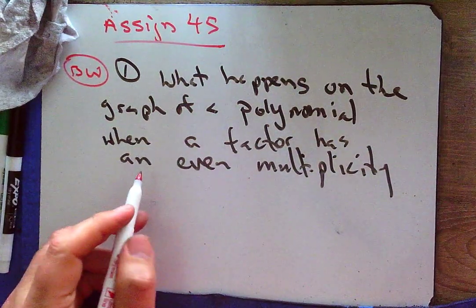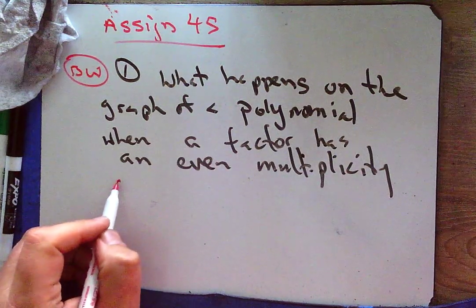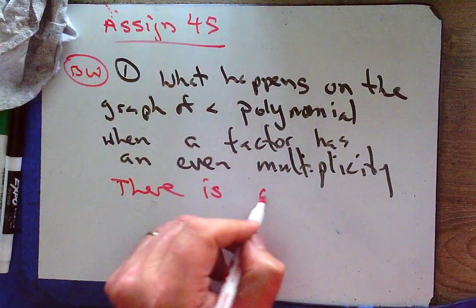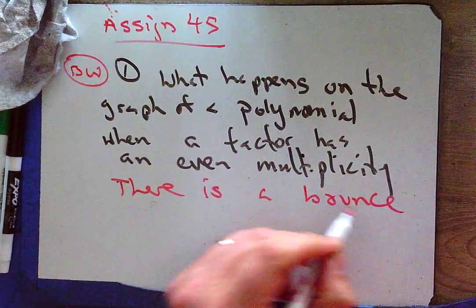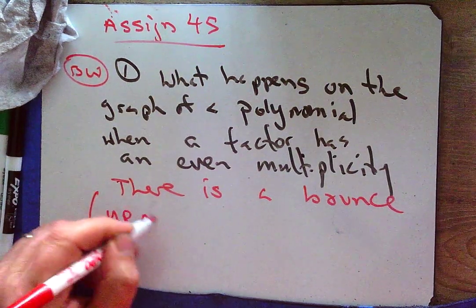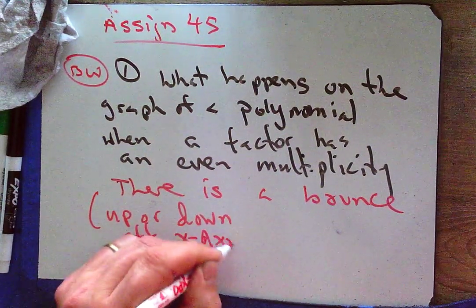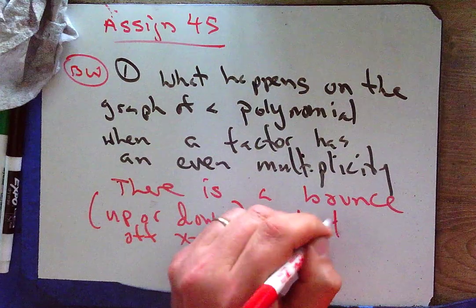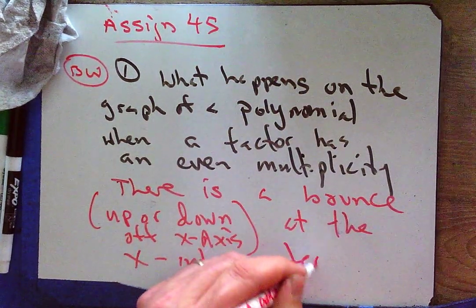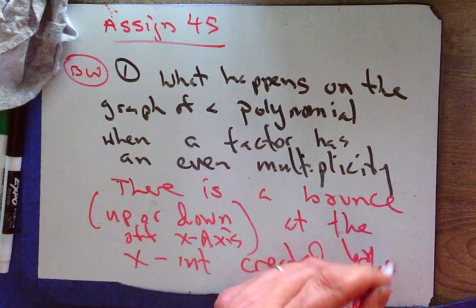Okay, so what happens when a factor has an even multiplicity? There is a bounce, and I don't know if it's a bounce up or a bounce down. There's a bounce up or down off the x-axis at the x-intercept created by that factor.